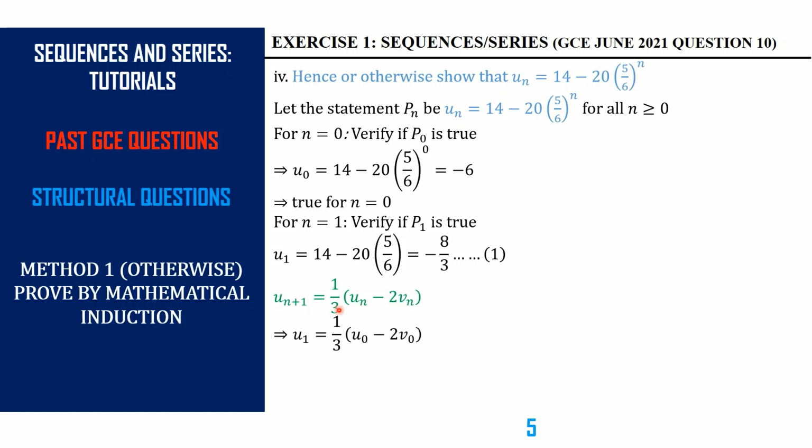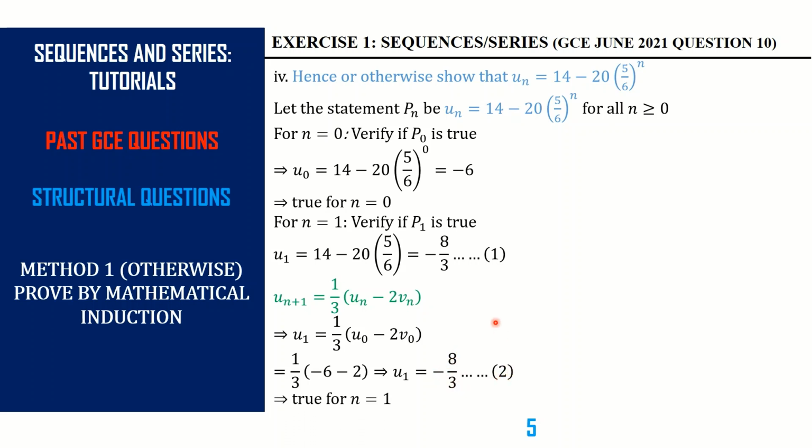So it means for n equal to 0, we can get u_1. u_1 is going to be 1/3 into (u_0 minus 2v_0). But what is u_0? Our u_0 was negative 6 and our v_0 was 1. So we get our u_1 to be 1/3 into (negative 6 minus 2 times 1). So at the end, we get our u_1 to be negative 8 divided by 3. We can call it equation 2.